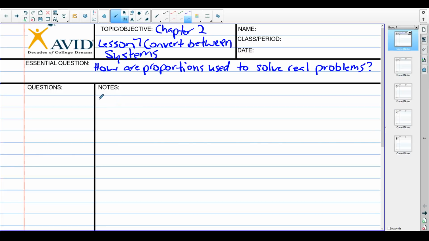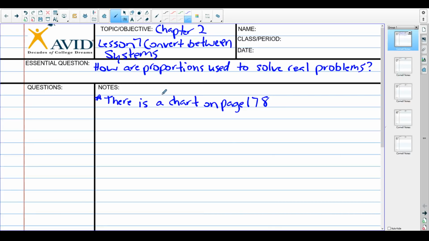Alright, the first part says there is a chart on page 178. Never mind, we'll figure it out. What is it?